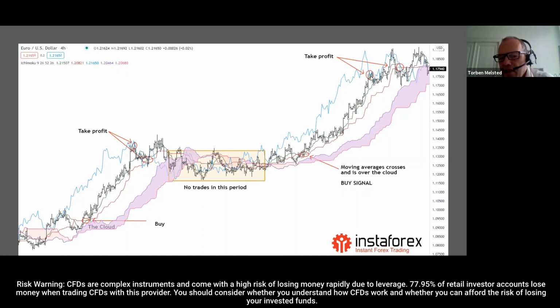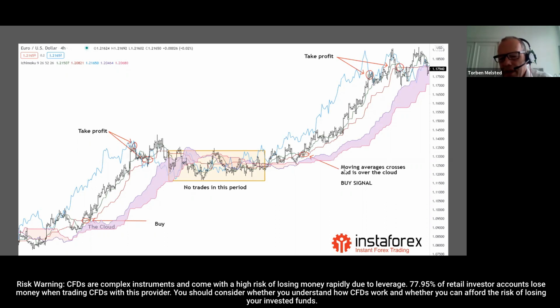And again, you could exit here, or you could do it with 50% of the position, or you could exit over here at this point. So you can see at this point, it would be equal if you use one or the other. It would be around the same level you would exit the trade.